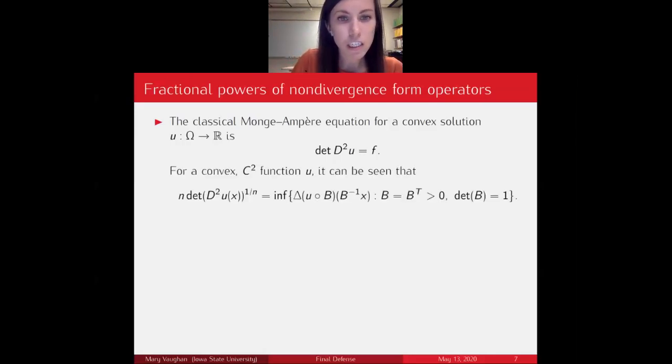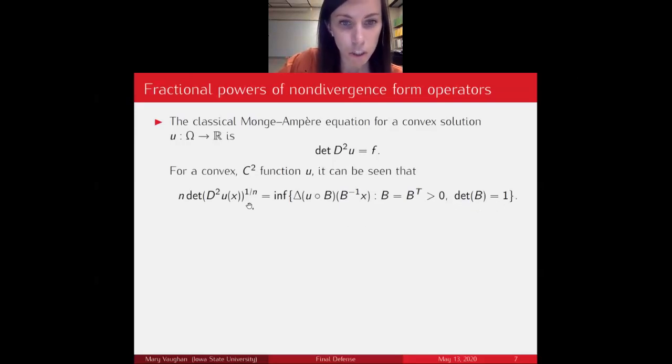For a convex C2 function u, you can check that the Monge-Ampere operator is equivalent to the infimum of, essentially, affine transformations of the Laplace operator. And this is taken over all matrices B which are symmetric, positive definite, and have determinant 1.